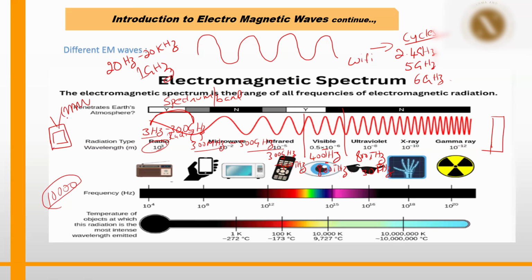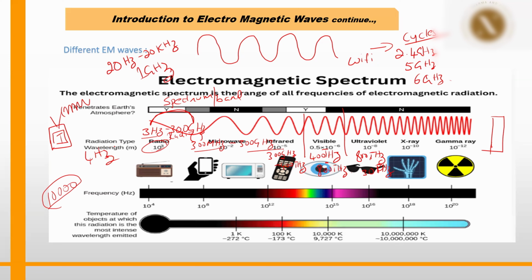We would be sending 2.4, 5, or 6 gigahertz radiation. That is how transmitters work, right? But we can send whatever signals we want. Suppose I want to use 3 hertz for Wi-Fi, or 4 hertz for Wi-Fi. Is anybody going to stop me?